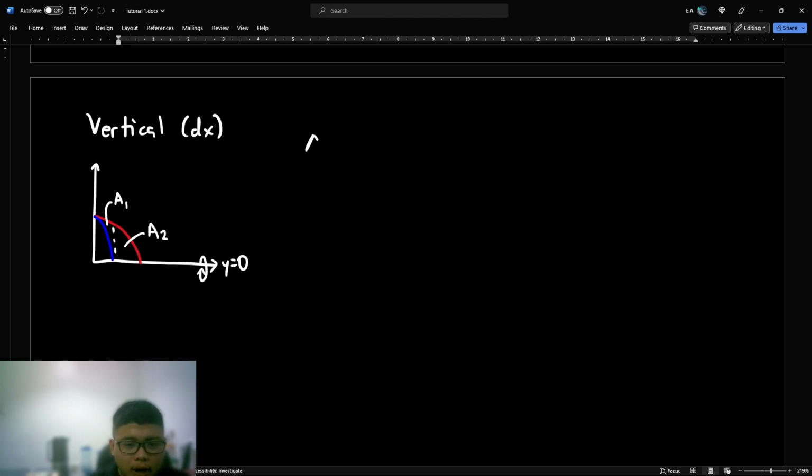Now for area 1, this is actually going to be your ring. So its volume is equal to the integral from a to b of r outer squared minus r inner squared dh.